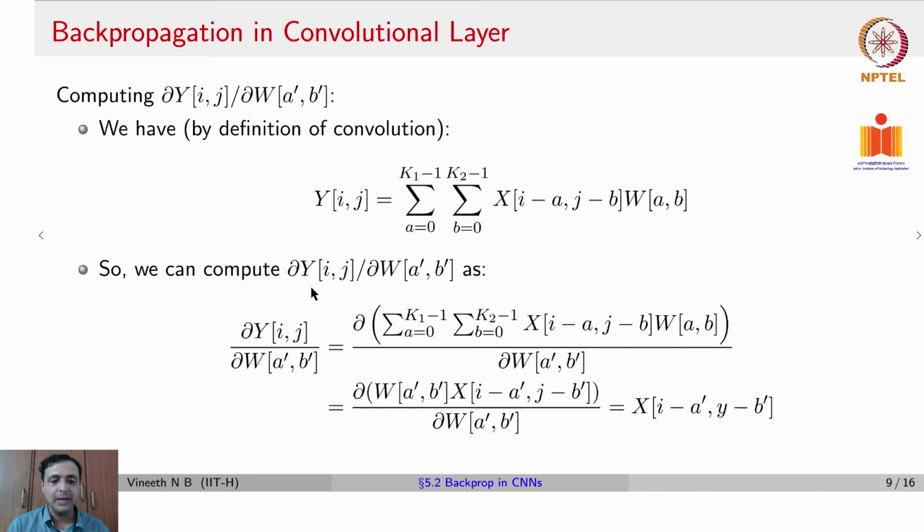Using this, we can now write ∂Y_ij/∂W at (a', b'), where you expand Y_ij in terms of the entire output from the first equation. So you have the entire right-hand side of the first equation, you put that in there. Now in all these summations, there is only one term that is going to depend on W at (a', b').